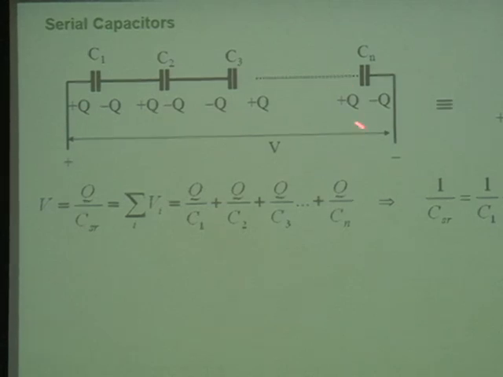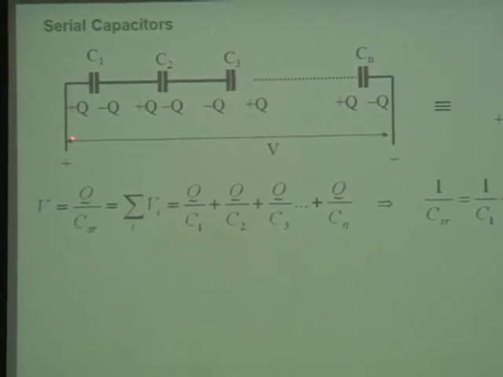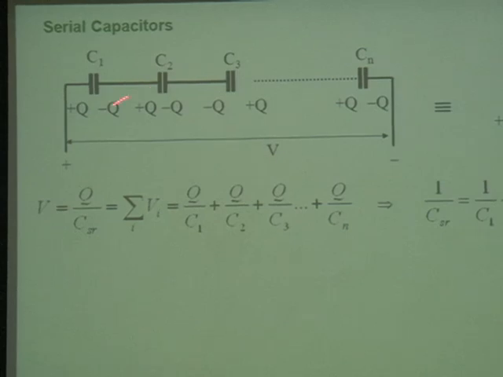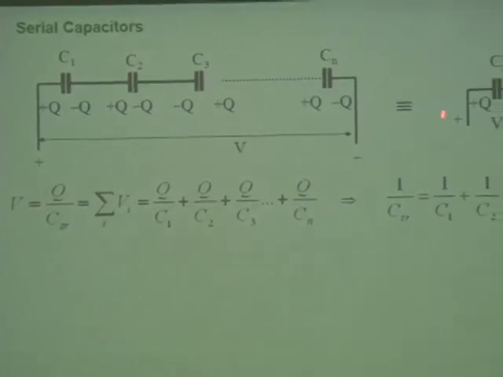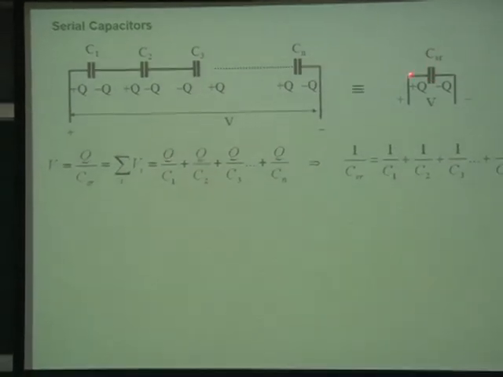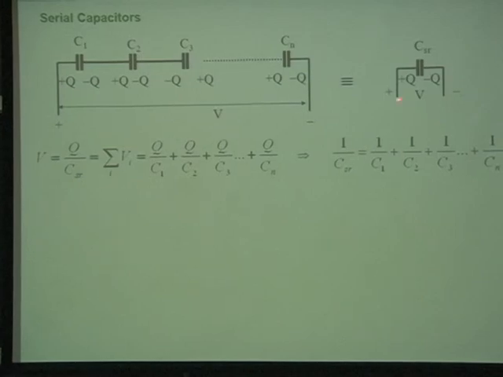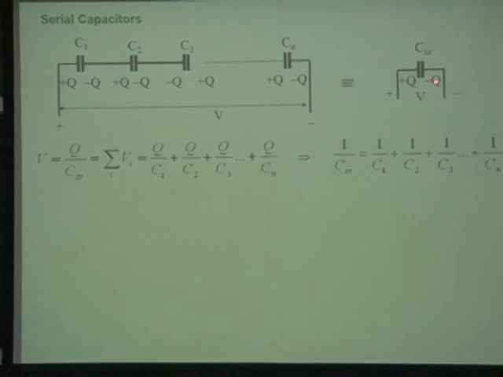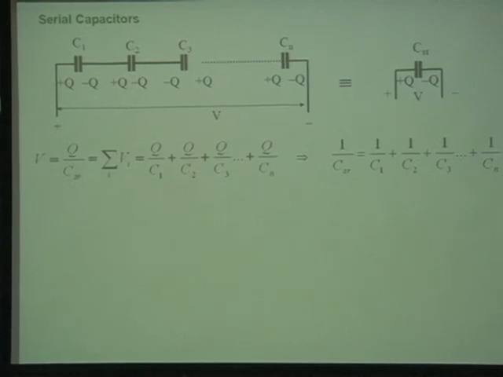And the two ends of these serial capacitors are connected with a voltage V, and these serial capacitors can be reduced to an equivalent capacitor right here with a voltage V across it and charge positive Q and negative Q.